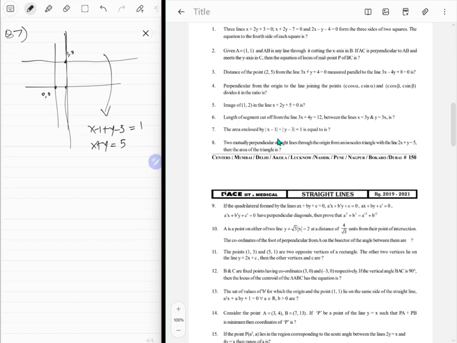So when x is 1, y is 4. And when y is 3, x is 2. That would be somewhere here.